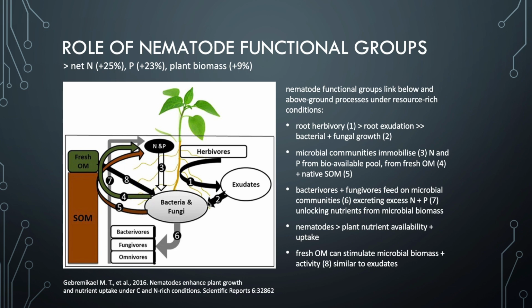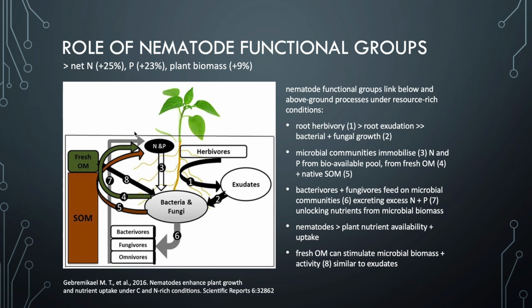And this, of course, feeds the bacteria and fungi further and in turn stimulates reproduction of bacterial-feeding nematodes, and of course fungivores, nematodes that feed on fungi, and then the omnivores, because the omnivores feed on the bacterivores and the fungivores, as well as the other creatures that are present in the soil.